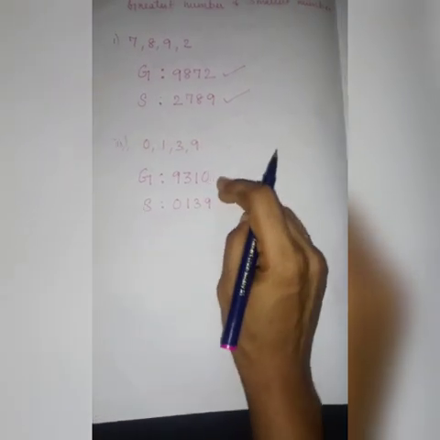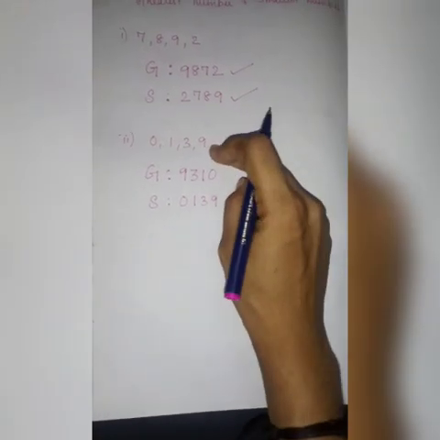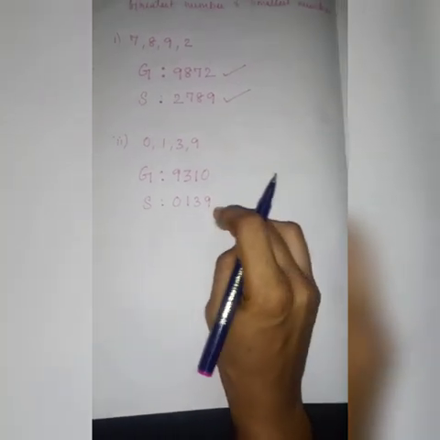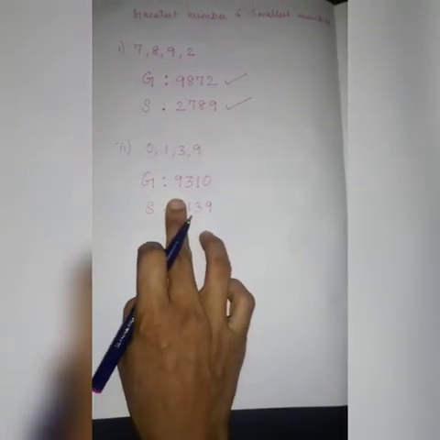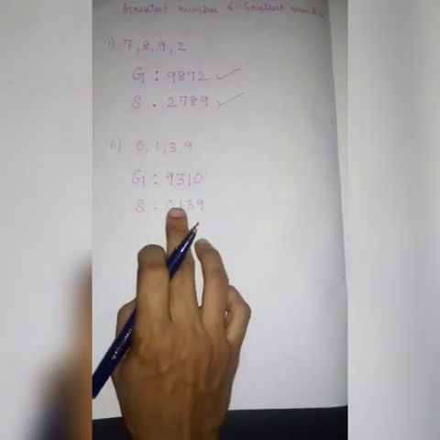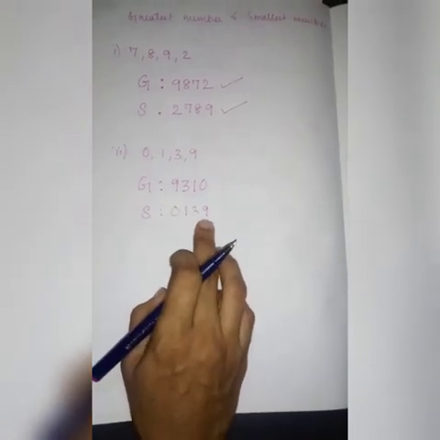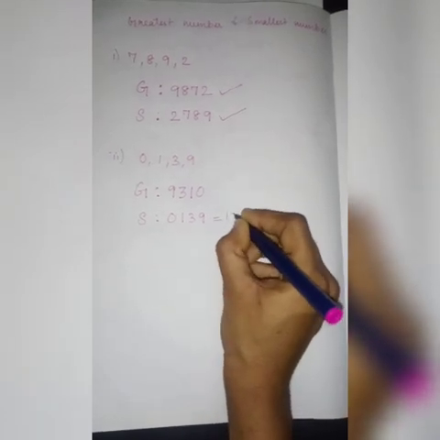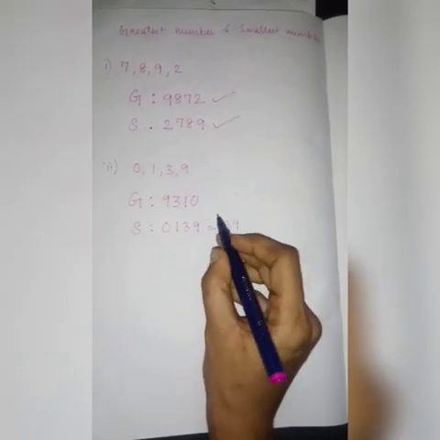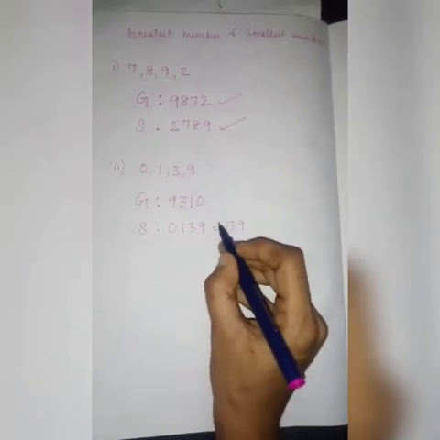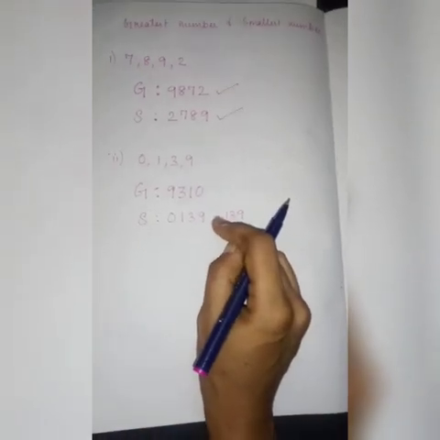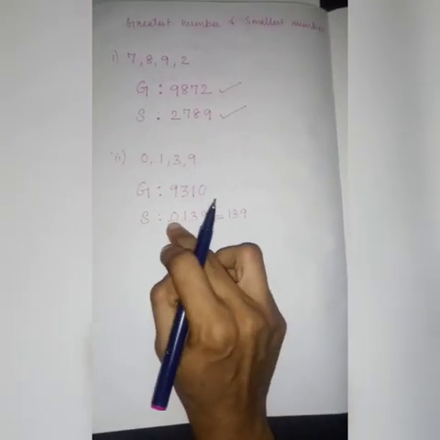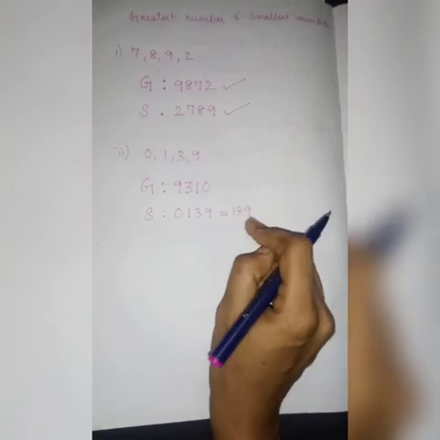Okay, this is one 4-digit number. This is one 3-digit number, because if I put 0 in front, it has no meaning. So 139 only you will pronounce, so it is a 3-digit number. We can write this number as 139, because if we keep any zeros on the left side, it is not meaningful. So you can write 0139 as 139.